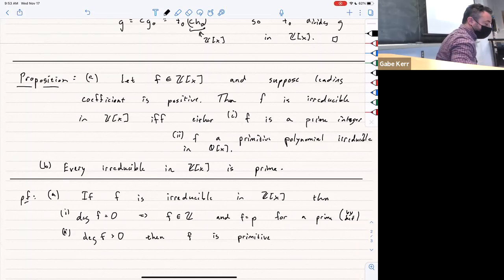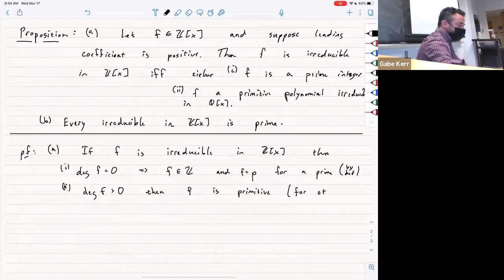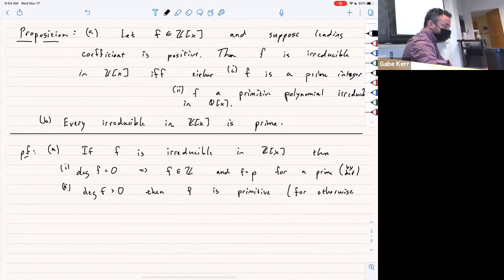So this is just coming from the definition of irreducibility and the definition of primitive. Otherwise, F would equal some D times F naught, where C is an integer.